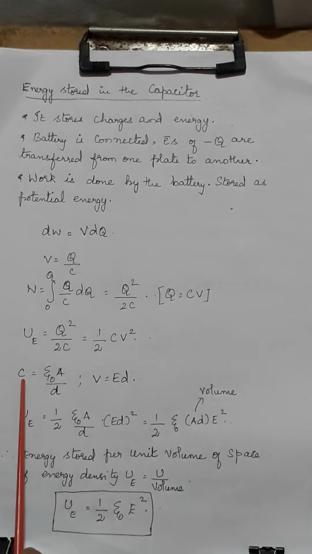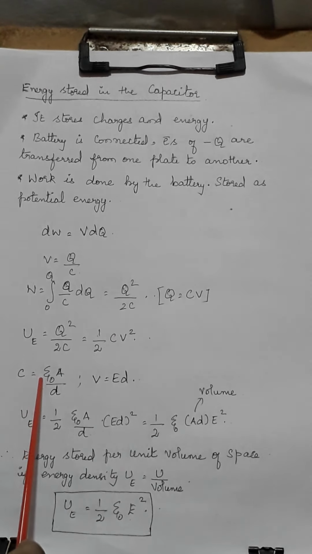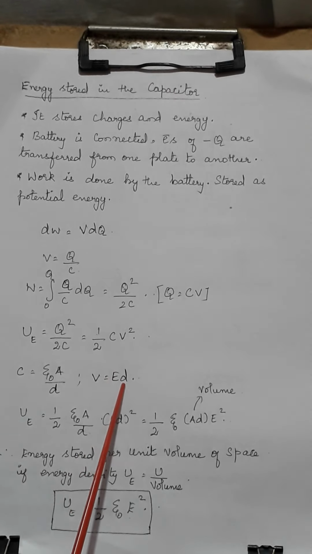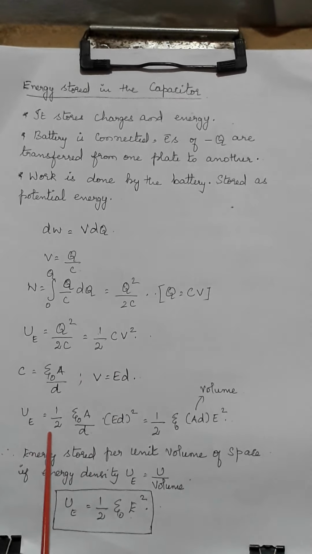But I know what C is. C is equal to epsilon naught A by D, and potential V is equal to E into D. So I need to substitute that.